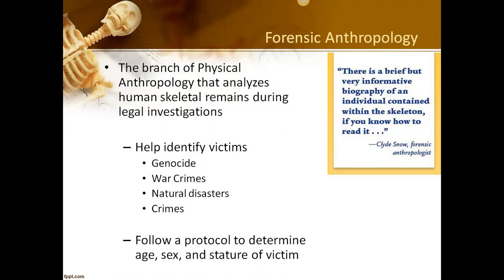Forensic anthropologists, when they start an investigation, follow a very strict set of procedures in a specific order, which helps them determine the age, sex, and height of a victim.